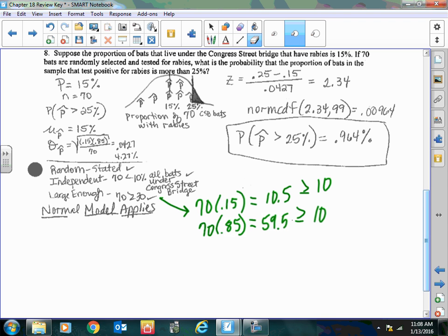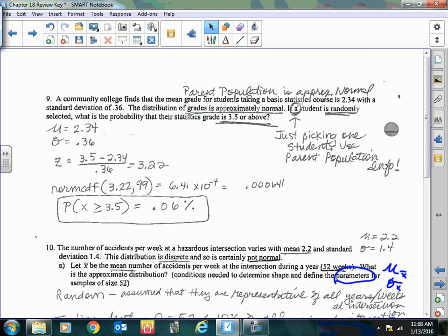What's wrong with that? That's the mean large enough. My bad, I should not have used that version. Instead, it should have been n times p and n times 1 minus p, which are both greater than or equal to 10. My first period is usually pretty good at catching those mistakes, and they didn't catch that this morning. I thought they probably could have.